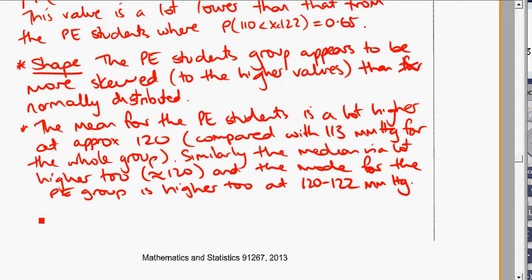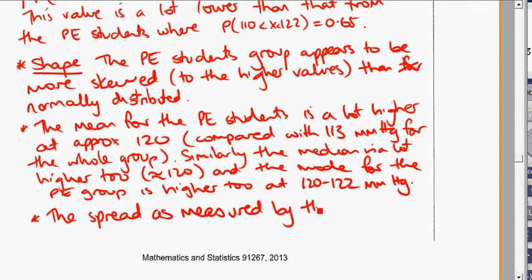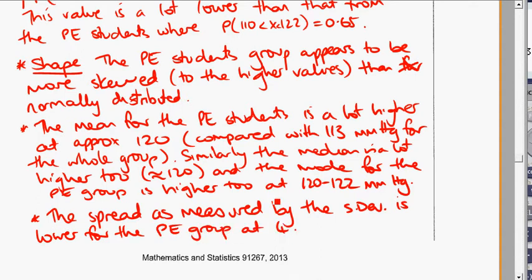We could comment on the spread. The spread as measured by the standard deviation is lower for the PE group. At 4 point, I think it was 4.9, you can check that up above, compared with 10.3 for the whole group.